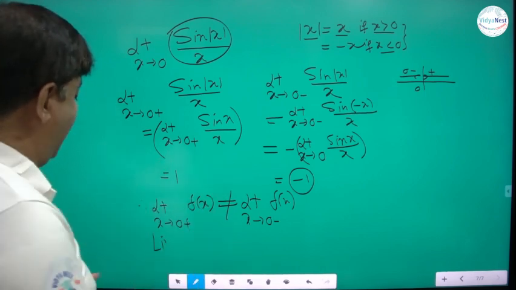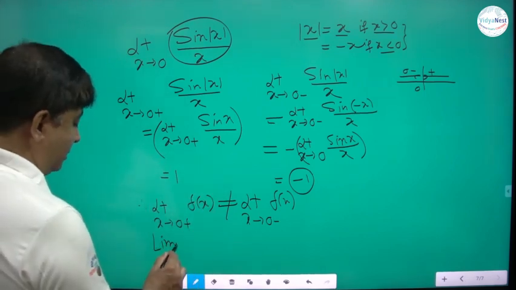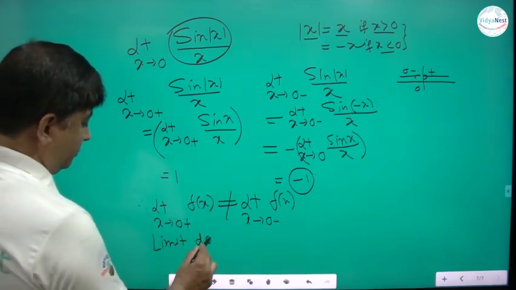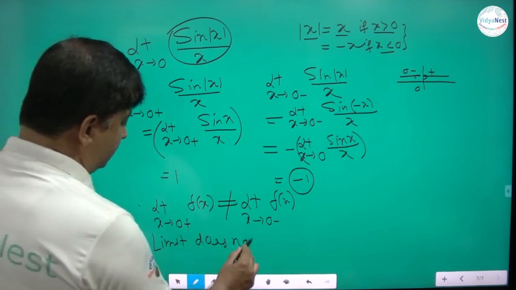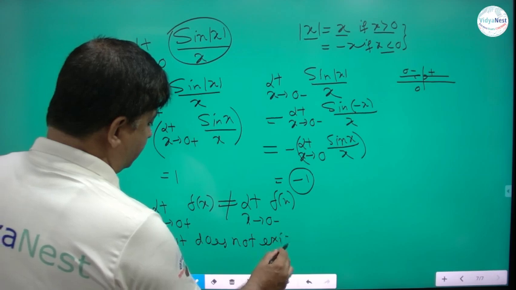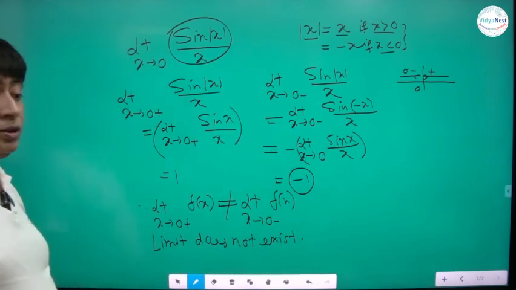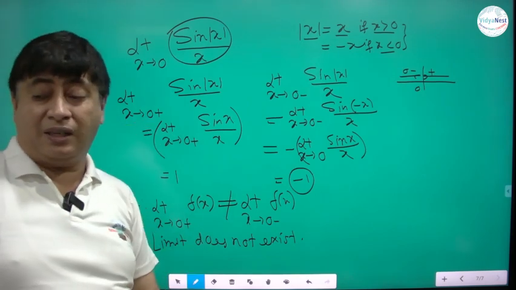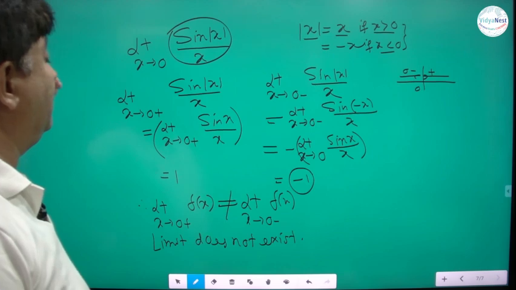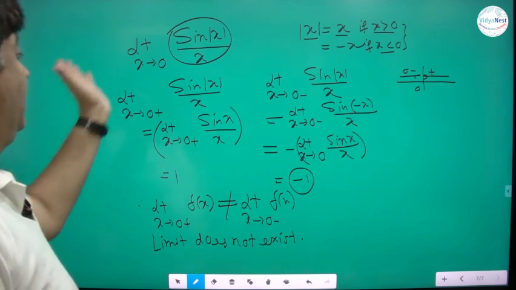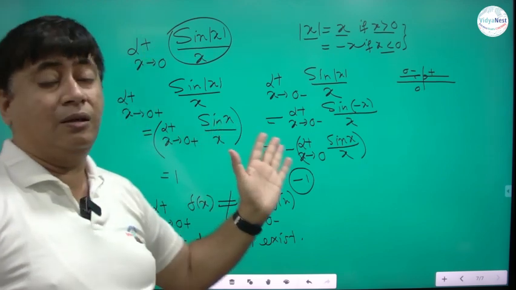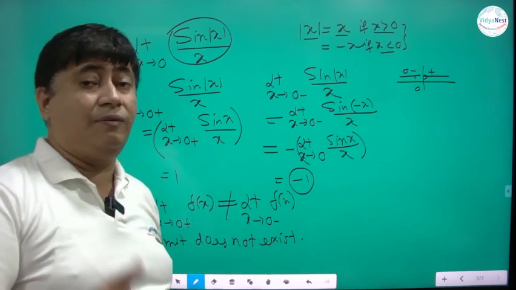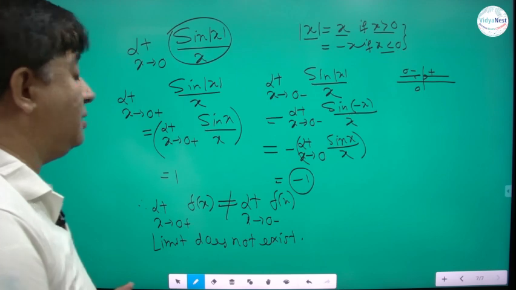So the limit does not exist. Yes or no? So once you get mod, square root, or box function, then instead of using the formula directly, first we have to observe whether the limit exists or not.